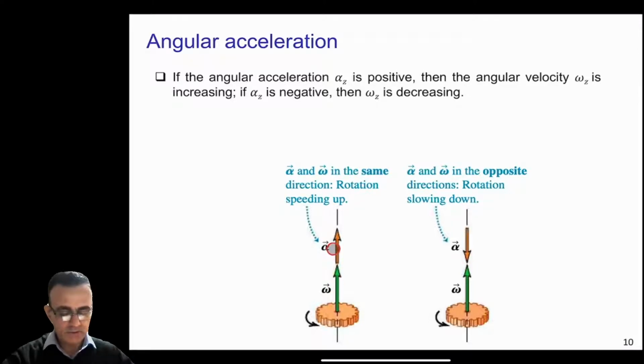The angular acceleration is in the direction of the velocity here, so this means that the angular velocity is increasing. And in this case, the angular velocity is again in the upward direction, but the angular acceleration is in the downward direction. So this means that the angular velocity is decreasing with time.